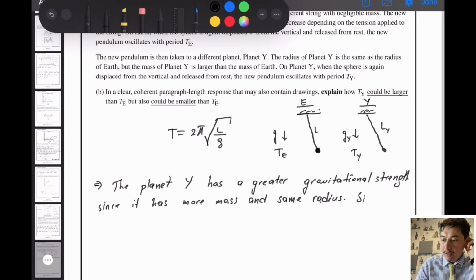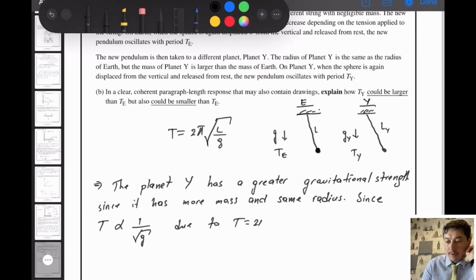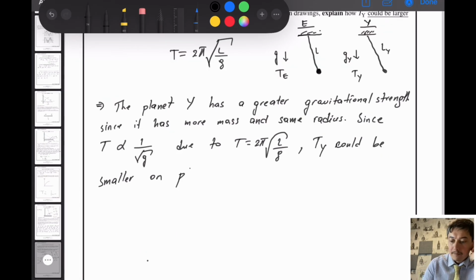Since the period is inversely related to the square root of g, so T equals 2 pi times the square root of L over g, Ty could be smaller on planet Y. Basically, stronger gravity makes it swing forward and backward faster.